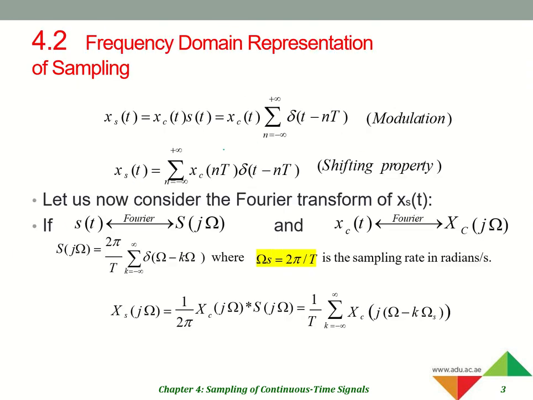This is the same formula which I described earlier. Whenever we multiply a function with an impulse and finally integrate, we get only this. Now if we talk about the frequency domain analysis, we can do that very easily. We know that our sampling function is this impulse train.